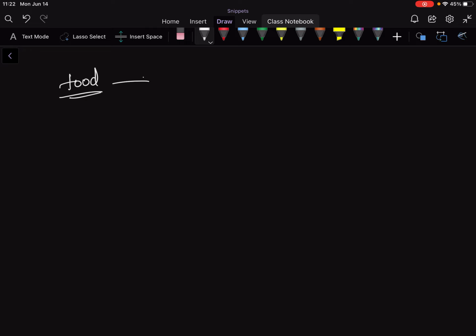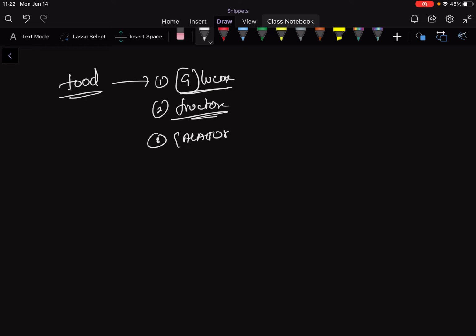When you take food, you are taking glucose, or you are taking fructose, or you are taking galactose from the food. I will not talk about these, but glucose is the main thing we want here in glycolysis.